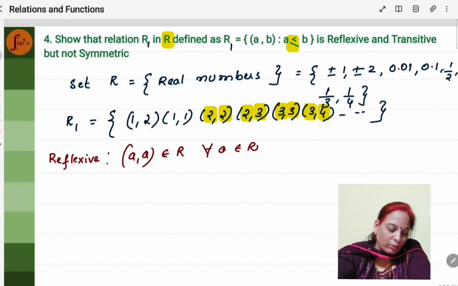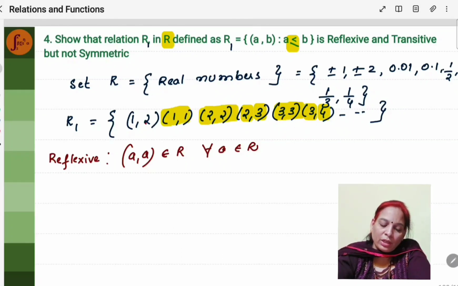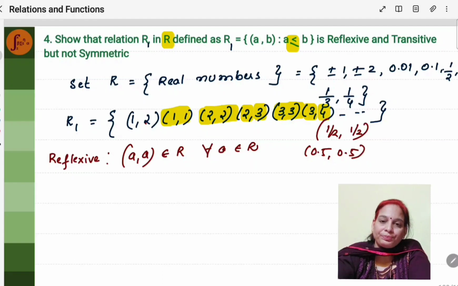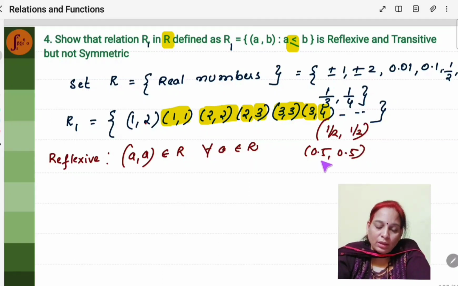For example, you have 1 comma 1, 2 comma 2, 3 comma 3, half comma half, 0.5 comma 0.5. Since we have these pairs for every real number, we can say it is reflexive.